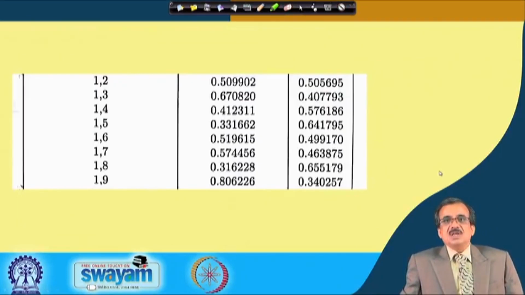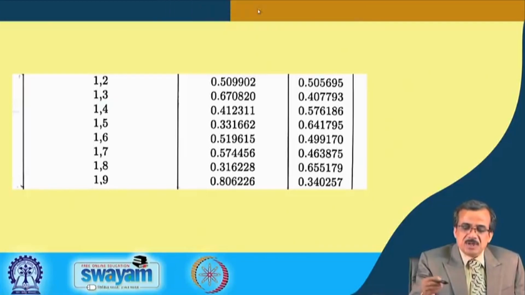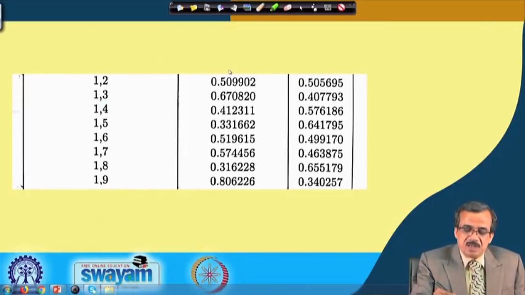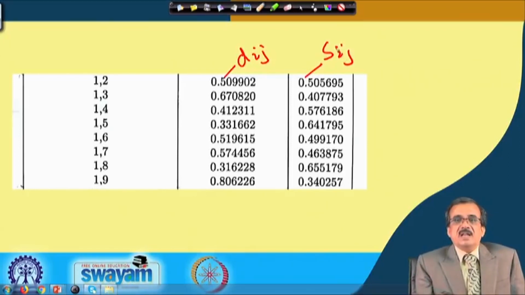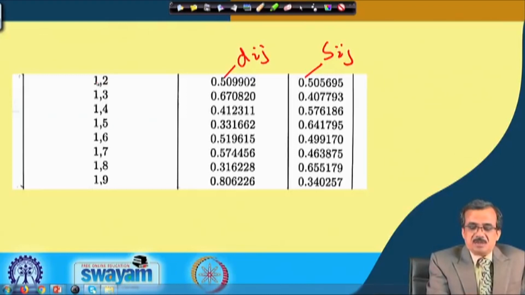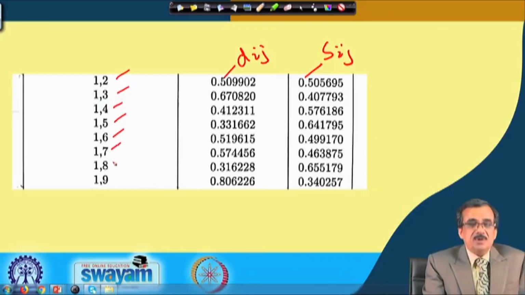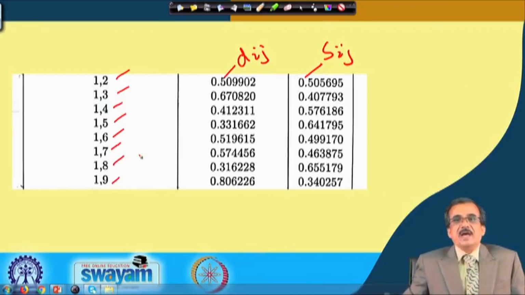Now, the next is I will have to find out the distance and similarity values. This is d_ij and this is S_ij, and I can find out the distance and similarity between 1 and 2, 1 and 3, 1 and 4, 1 and 5, 1 and 6, 1 and 7, 1 and 8 and 1 and 9.